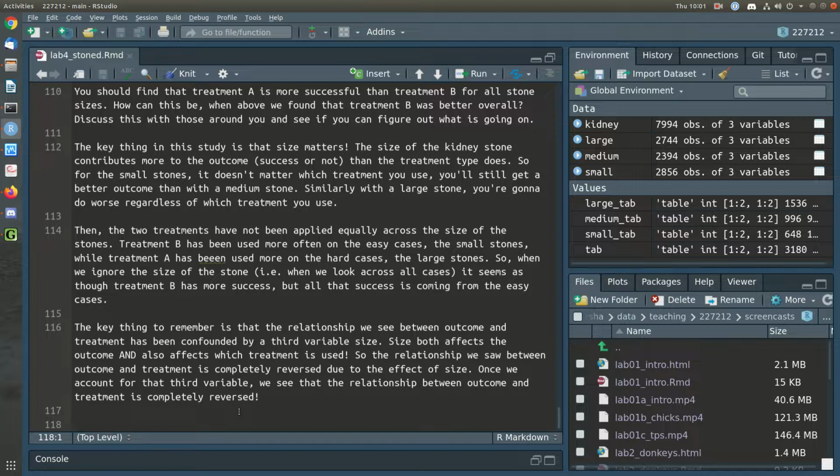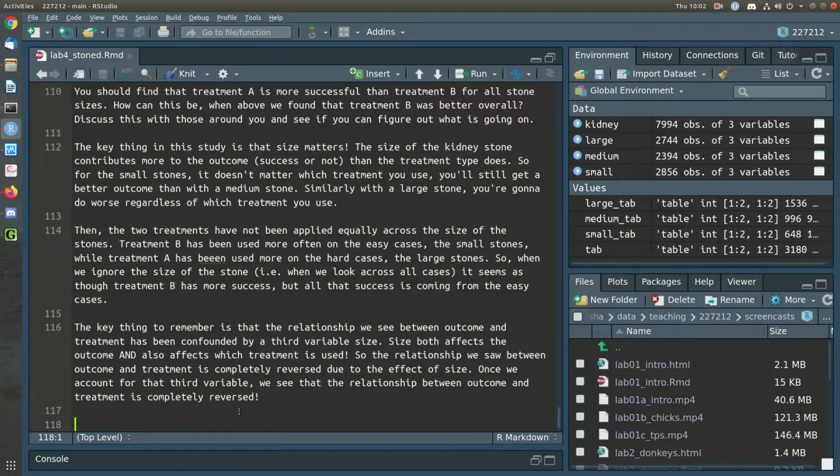So when you ignore the age variable, it looks as though smoking is protective, but when you account for the age variable, you get the correct result that smoking is definitely not protective. In fact, it's a risk factor for death.